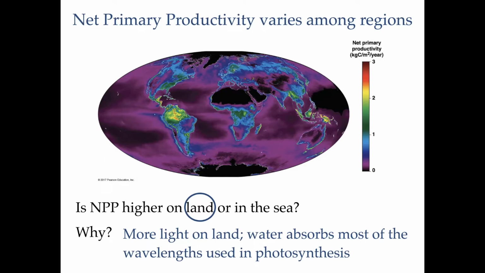The water column absorbs most of the wavelengths that are actually used, so that wouldn't be harmful for them. On the other hand, when you are exposed to the sun rays on the land, you are receiving much more of that sunlight. And this is one of the reasons why net primary productivity is much higher on the land. You have much more sunlight available, so you can convert that into energy.